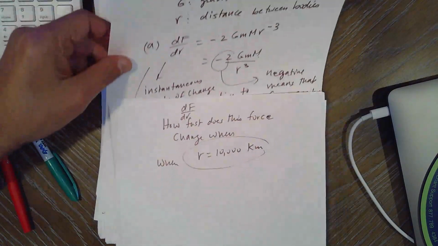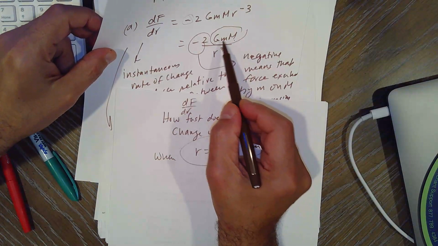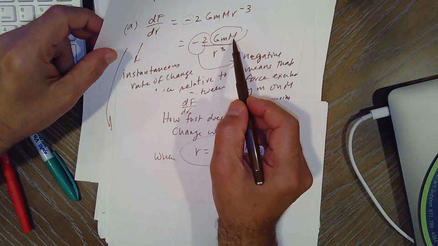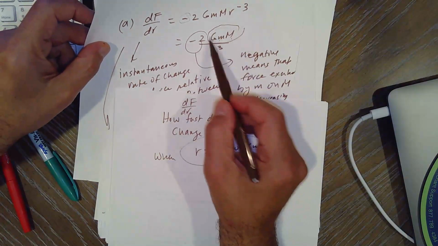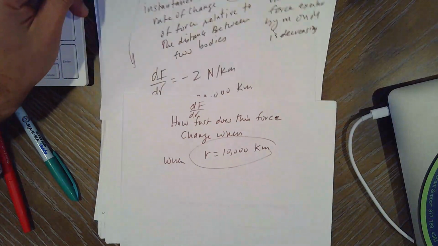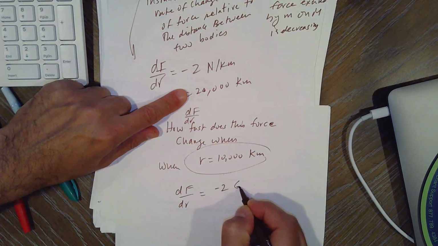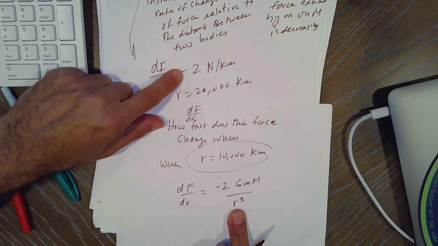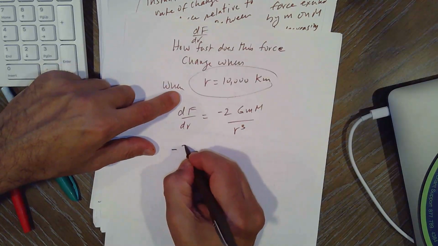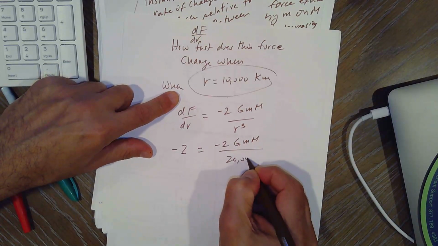To find dF by dr, we need two things: the quantity G m M, the gravitational constant and the masses, and r. We have r, but we need this quantity. To find it, we use that negative 2 when r is 20,000. So dF by dr equals negative 2 G m M over r cubed. When r is 20,000 and dF by dr is negative 2, negative 2 equals negative 2 G m M over 20,000 cubed.